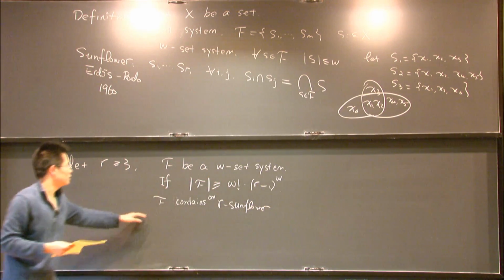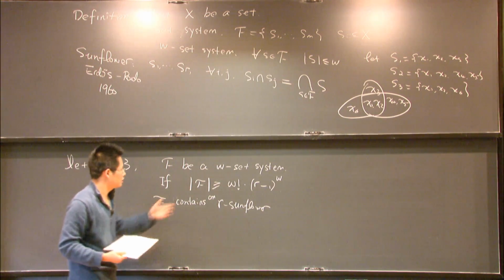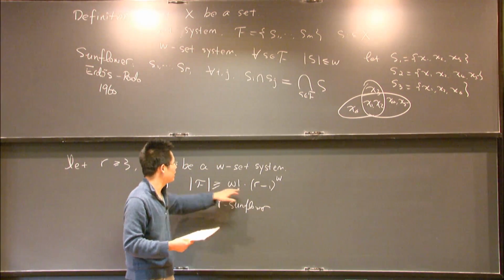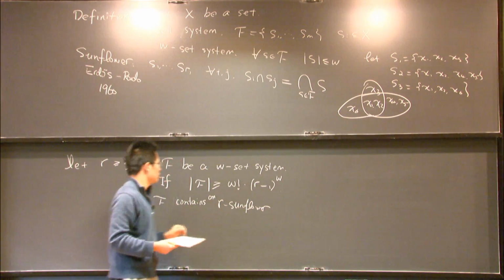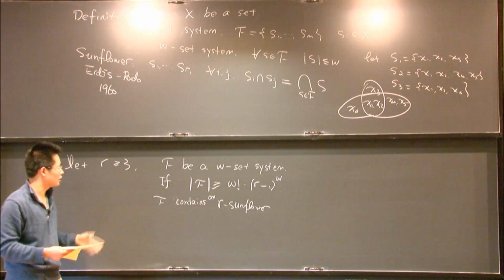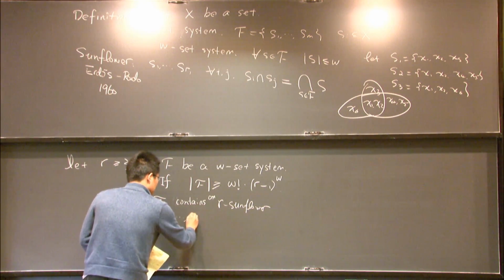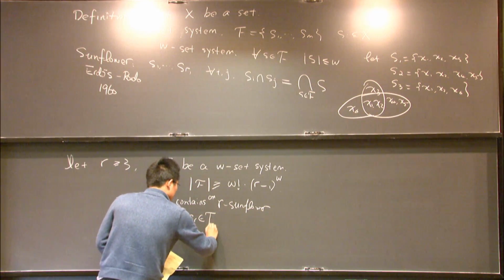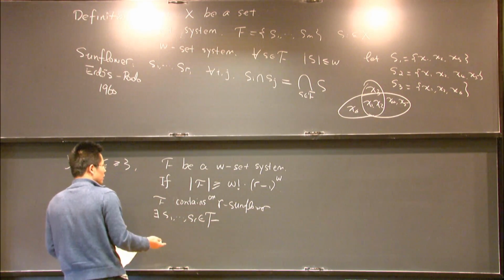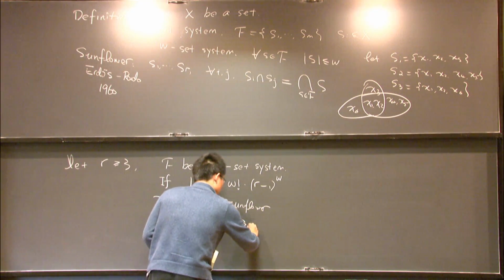What it means is that if we have a set system F that is large enough, how large? Larger than a factor of w times r minus 1 to the w. Then F contains a sunflower, which means there exist S1 up to Sr, sets from F, and these sets form a sunflower.